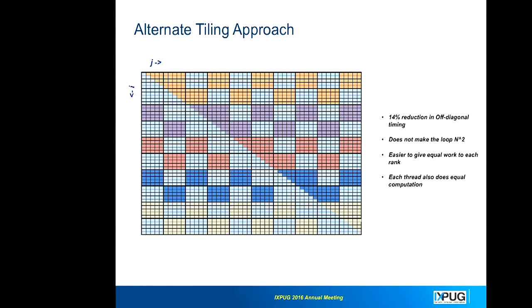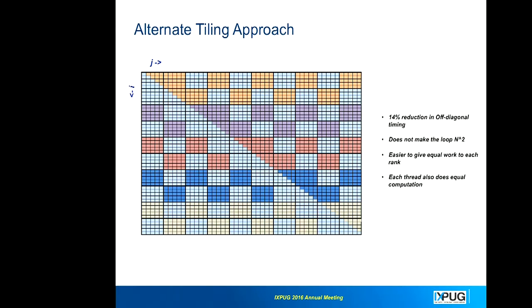Here, instead of processing on this side, we just shifted that to the other side. We took the mirror image and took alternate tiles, and this straight away gave us a 14% reduction in the timing.